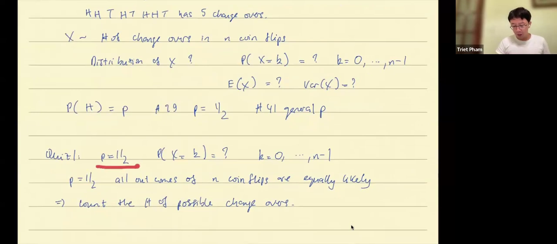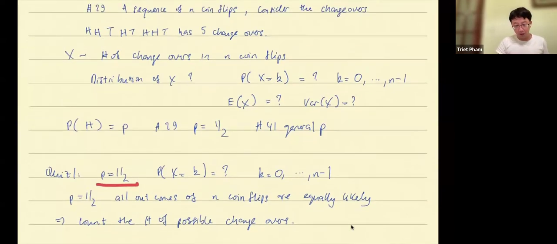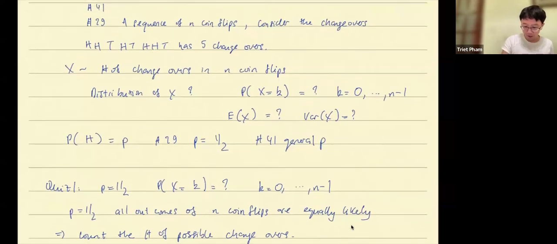Again, if P is not equal to 1/2, then having this sequence will be different from having this sequence in terms of the likelihood, because the likelihood of tails is not the same as the likelihood of heads.